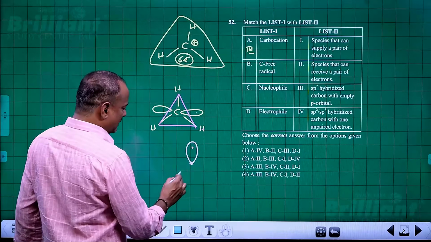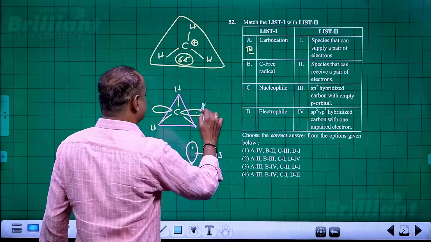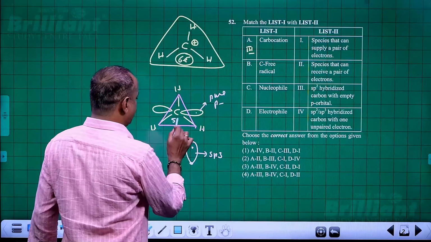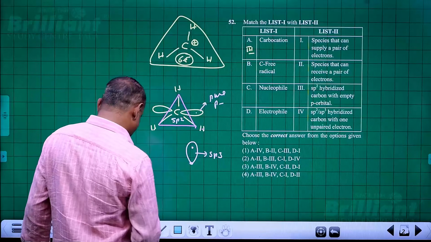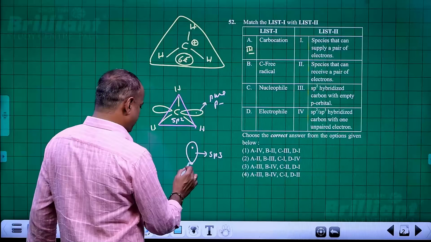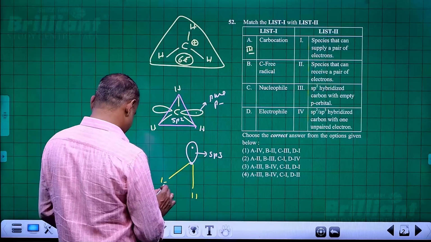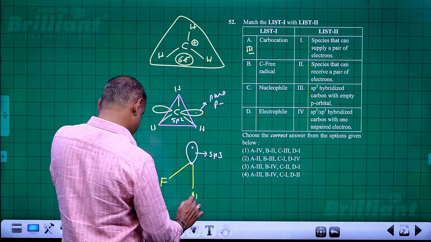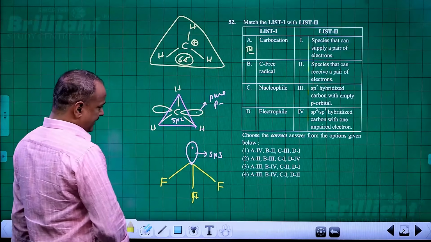Number same only, one only, but this is now an sp3 hybrid orbital. This is a pure p orbital because it is sp2 hybridization, one p left. This is completely sp3. So, one of the electrons is in the sp3, remaining 3 bond pairs with fluorine. That is CF3.